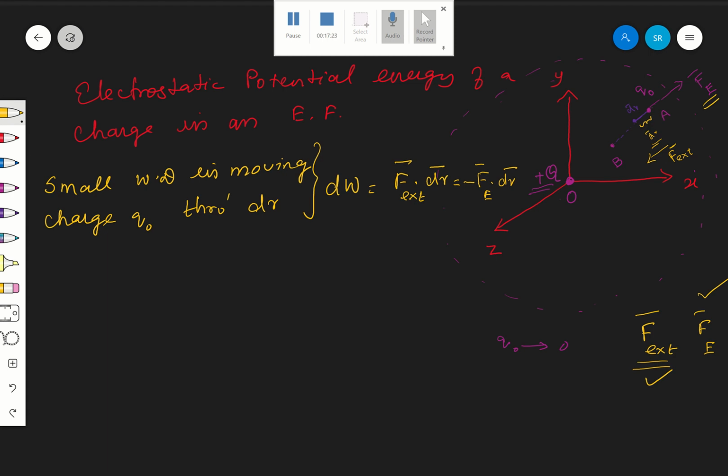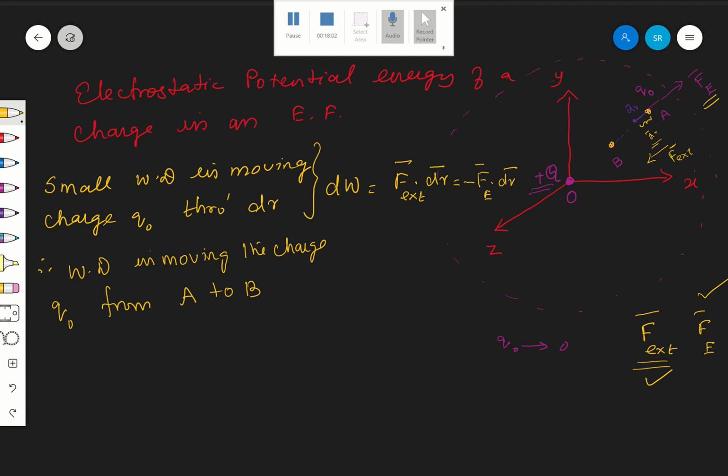Right. But now what I want is, I want to move Q naught from A to B. Therefore, work done in moving the charge Q naught from A to B, where B is closer to the source.